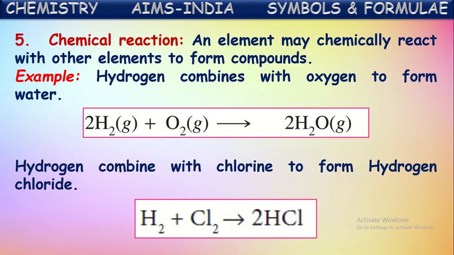They were able to remember them when the number of elements was very low. But as the number of elements discovered increased, it became difficult to remember those symbols. That's why J.J. Berzelius gave a simple method for representing the elements with their symbols, and he put some rules in giving the symbols for the elements.